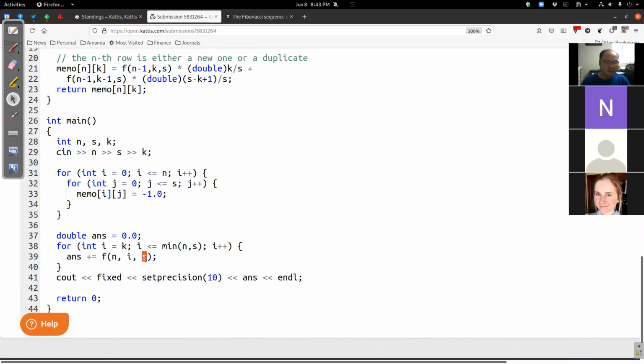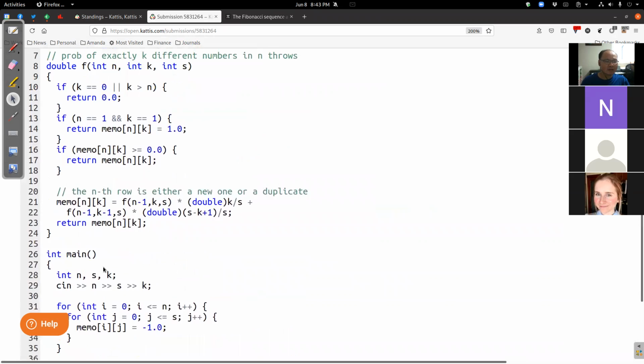S is the number of sides in my dice, and I just sum up all the possible ways of getting k, k plus 1, k plus 2, all the way up to the minimum of n and s, because it doesn't make sense if k is bigger than s or k is bigger than n.